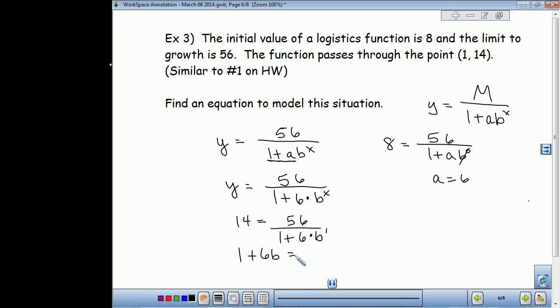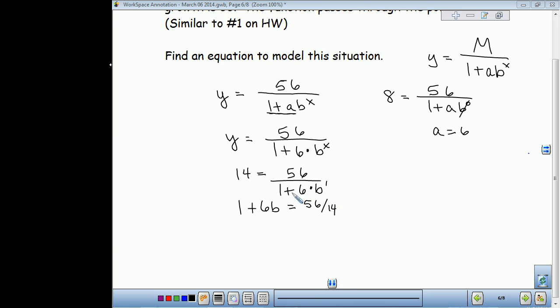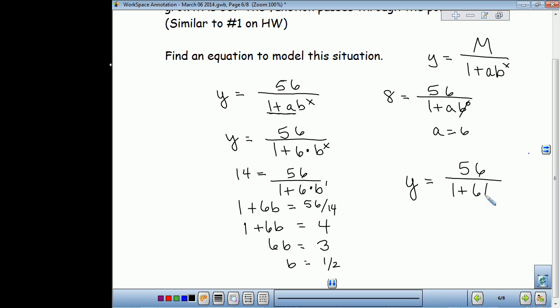Are you guys good with that? So I multiply this on both sides and then divide by the 14. 56 divided by 14 is 4. So 6b equals 3 and b equals 1/2. My final equation is y equals 56 over 1 plus 6 times (1/2) to the x.